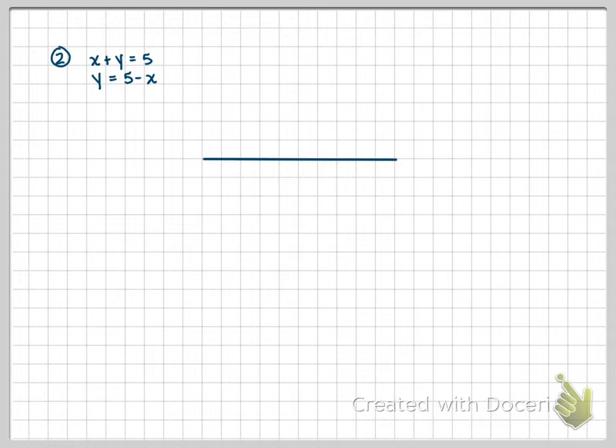Are those the same equations? They are. This one is pretty obvious, just looking at the equations, that they're the same. If you take the first one and you subtract x from both sides, you get the second one. So manipulating one gives you the other.